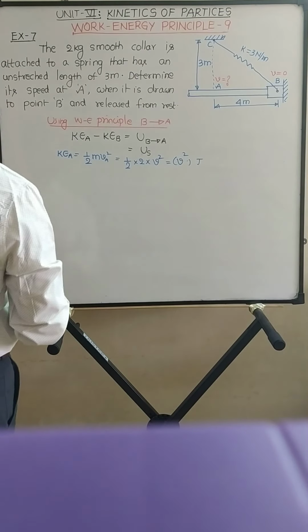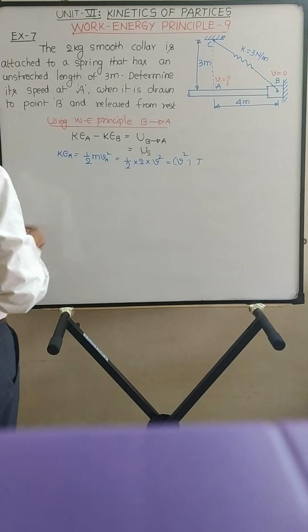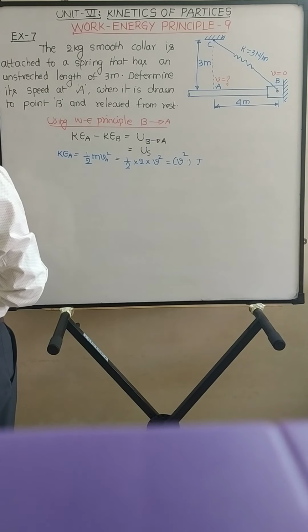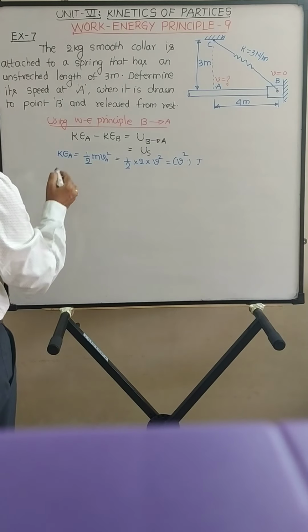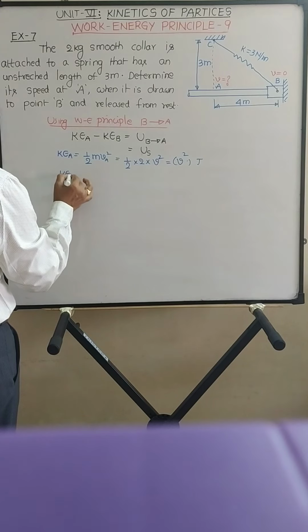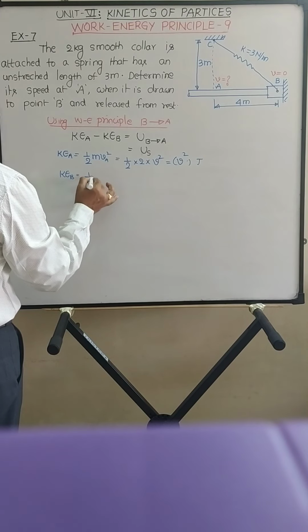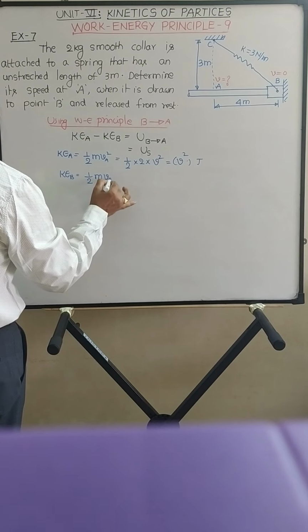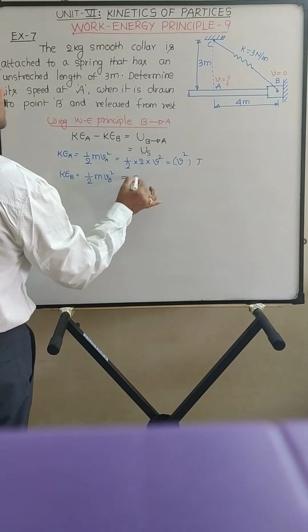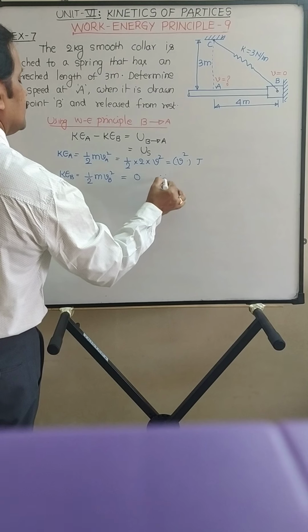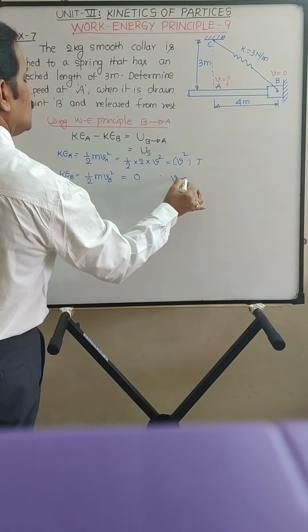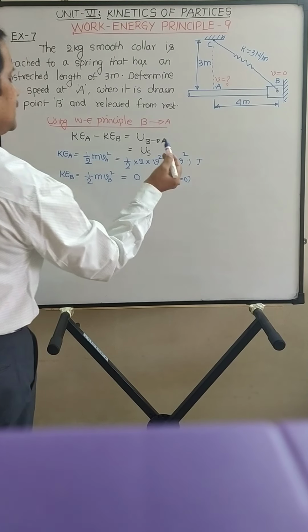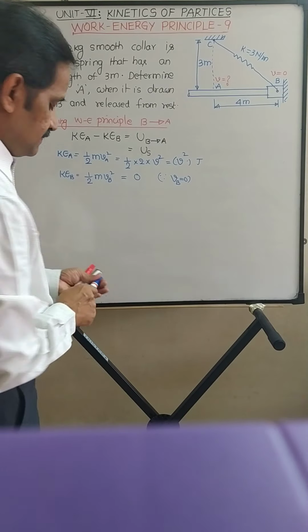Right. Now, kinetic energy at point B. It is half m v_B squared, which is equal to 0 because the velocity at B is 0. It is released from rest.